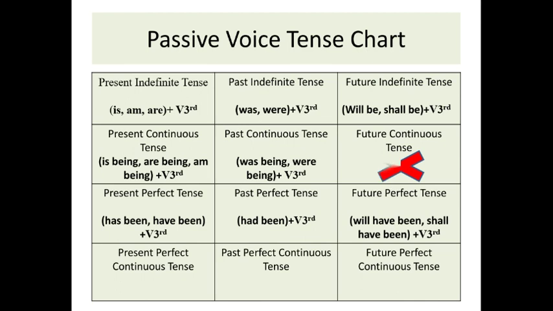Future continuous tense has no passive voice. In present perfect tense, has been or have been. In past perfect, had been. In future perfect tense, will have been, shall have been. In the next three tenses, no passive voice is made.